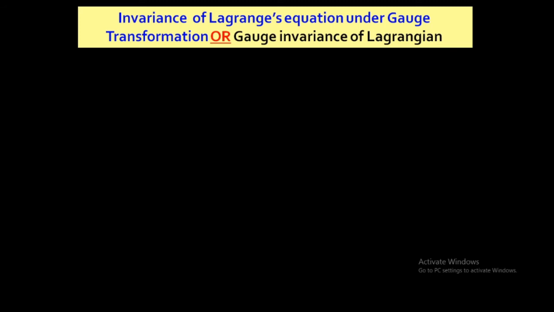It means that if I put L dash, that is L plus df by dt, in place of L in the Lagrangian equation, and I get the value 0, it means that the gauge function is satisfying the Lagrange's equation.